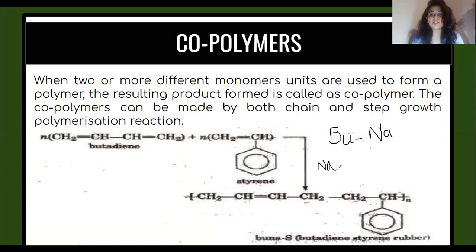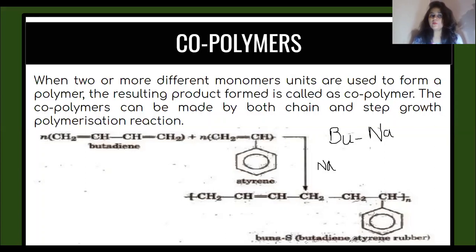We already know that. And then obviously styrene. Why styrene? Because the second monomer unit that is joined with the butadiene is called styrene. So the entire thing that has been formed in the final structure is called Buna-S, which is butadiene sodium styrene or butadiene styrene rubber. So this was, in general, what we mean by copolymer.